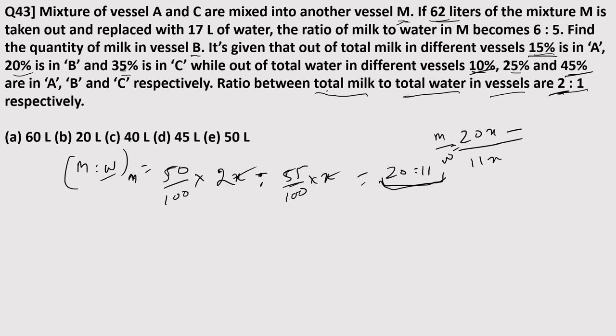unit equals 2, so milk removed has to be 40 and water removed has to be 11 into 2, which is 22, right, and 17 liters of water is replaced, means plus 17. Now this is coming out to be 6 by 5. That implies from here I am getting x equal to how much, guys?